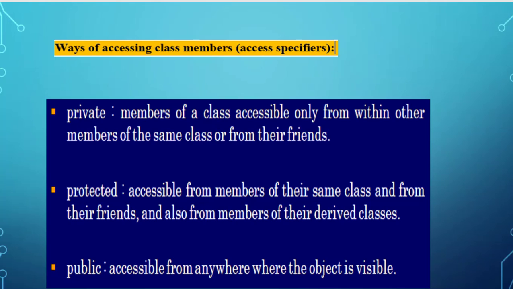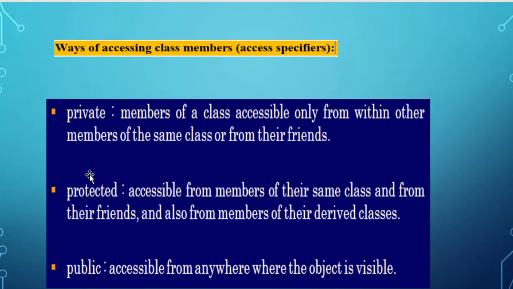So we have private access specifier where members of the class can be accessed only from within other members of the class or from their friends. It means here, when a member is said to be private, it can be accessed only from within other members of the class or from the friends of the class.